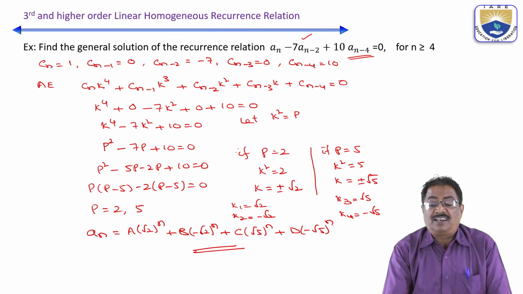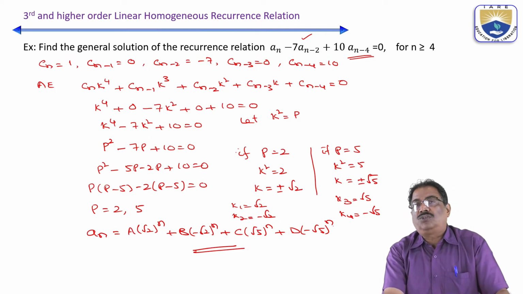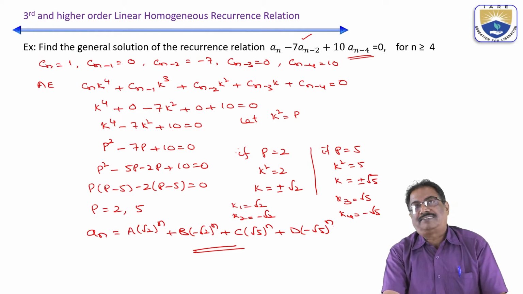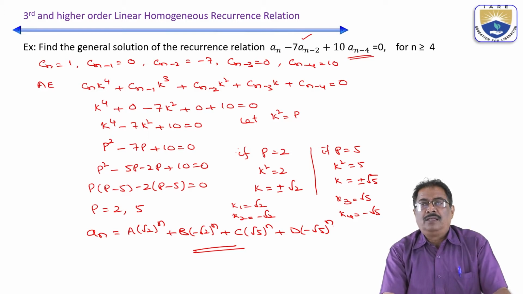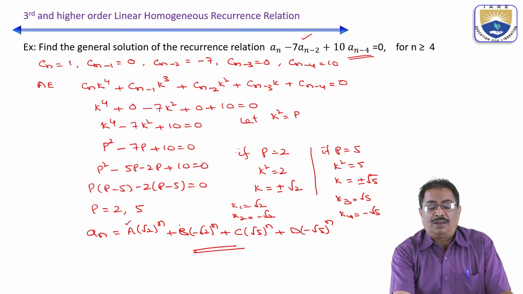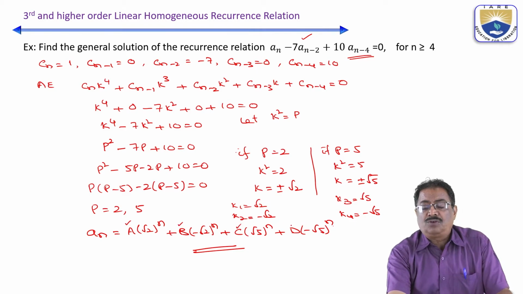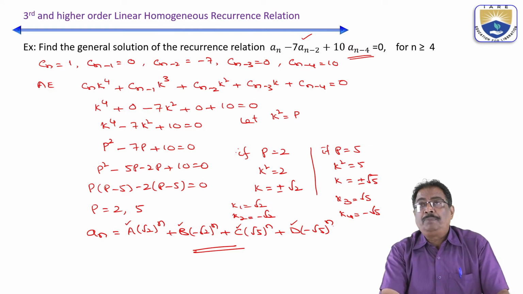So in this way, we are going to find the solution for a homogeneous recurrence relation, whether it is the second order, third order, fourth order, or in general the kth order. So this is the procedure to find the general solution as well as the particular solution. Whenever conditions are given, we have to calculate A, B, C, D. To find the 4 constants, we need 4 values.